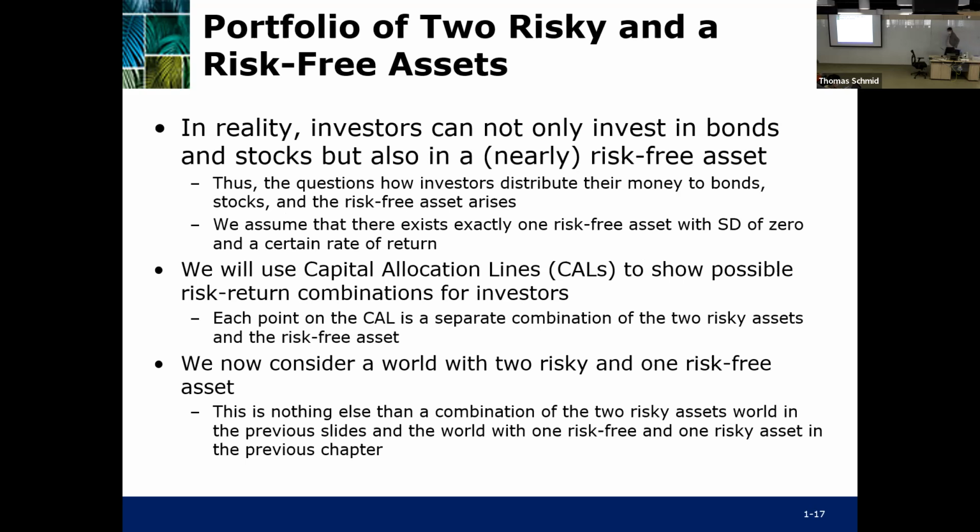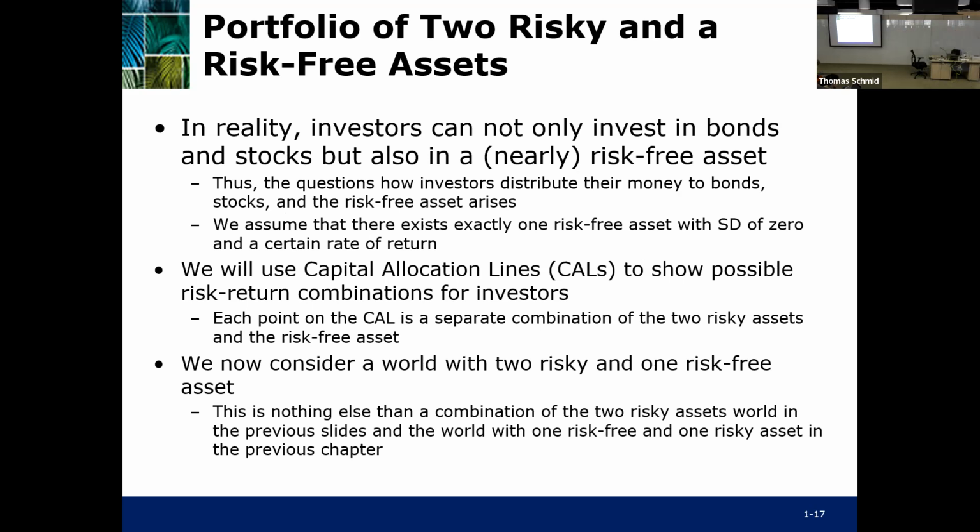So, next step. We now make our world more complex, but we will see that in some sense it makes our life easier. We are now moving to a world that has our two risky assets, and additionally, we will have a risk-free asset.